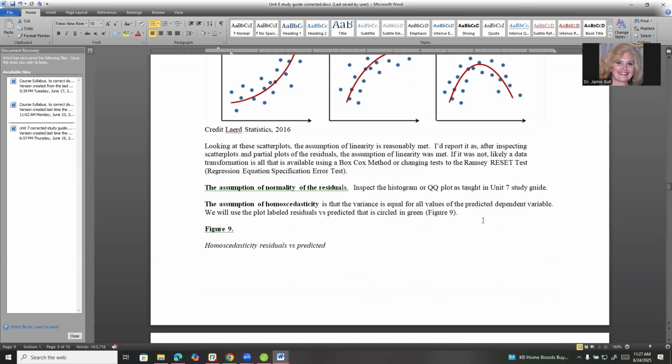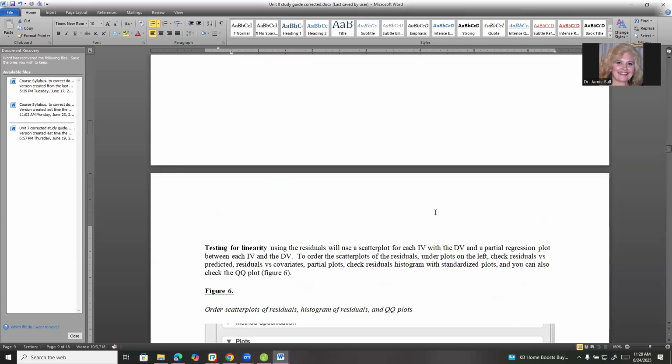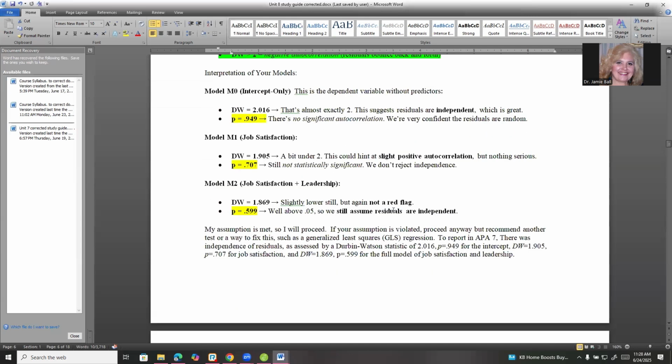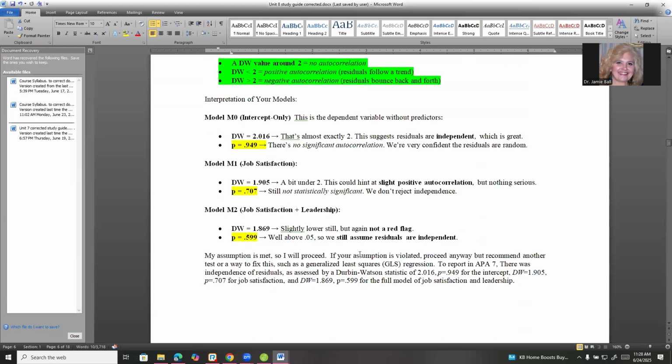Okay, now what do I do if these things aren't met? I discuss that in each of these places. Okay, for example, if there wasn't independence of observations, I would change my test to a generalized least squares test, right?